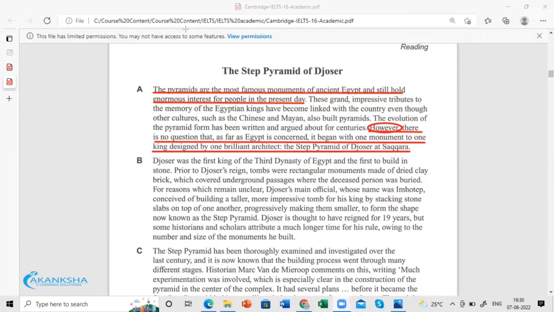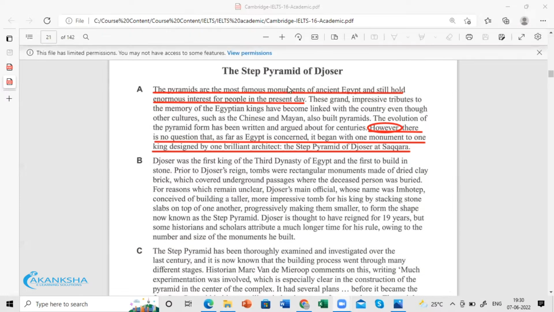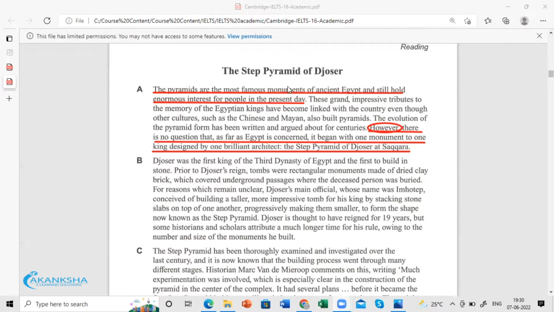Now, in the first and last sentence, we understood that they are trying to talk about pyramids, and these pyramids are very famous till today. And they had some doubts about these pyramids ideally. However, as far as Egypt is concerned, there is no doubt.